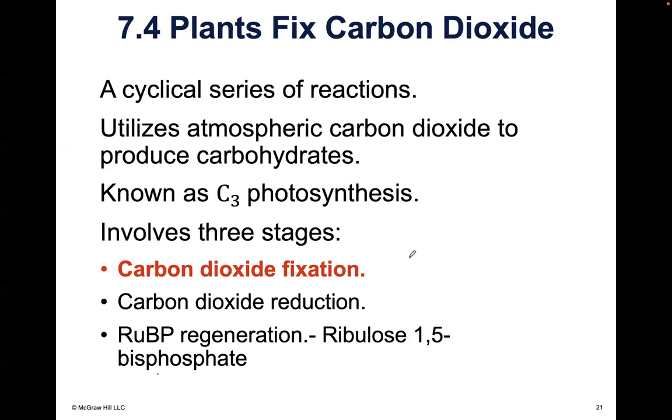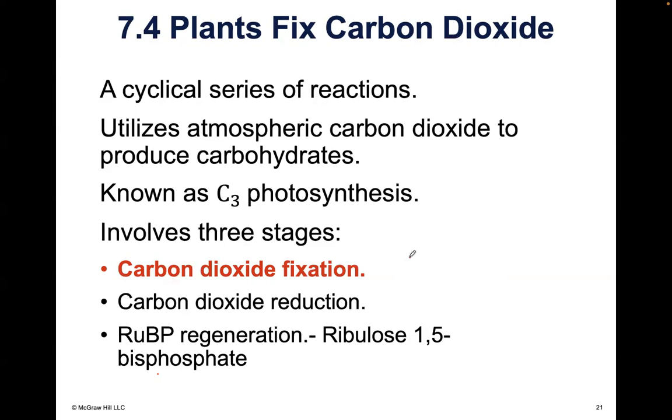I'll talk about this when we have a slide. There is a way in which carbon dioxide is used to produce carbohydrate. But we know that in C3, the six carbon molecule is split into two. When that happens, it involves three stages in this reaction.